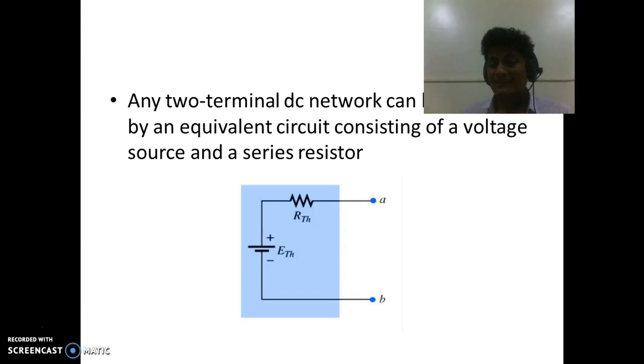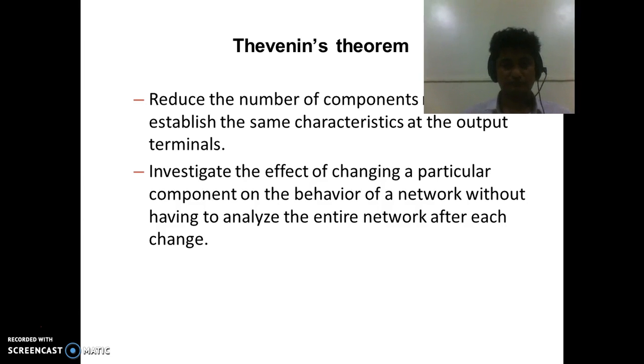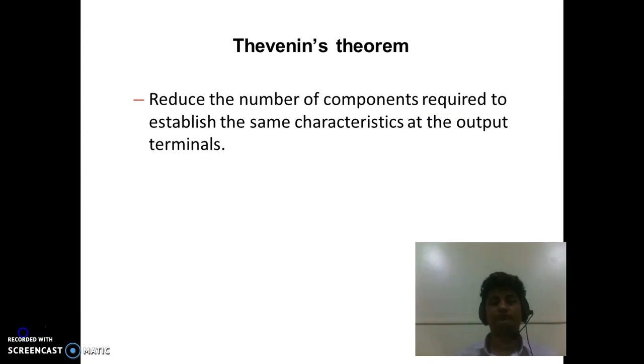The resistance RTH, which is Thevenin's equivalent resistance, is the equivalent resistance seen from the load terminal. Using Thevenin's theorem, the entire network is replaced by a voltage source in series with a resistance.